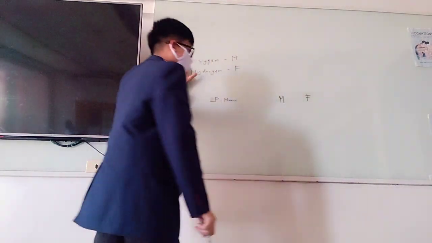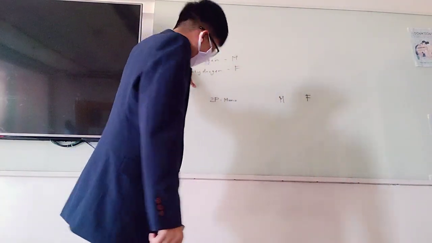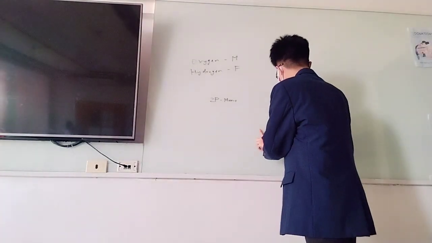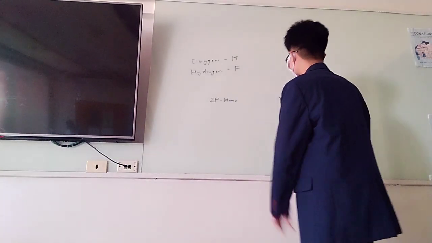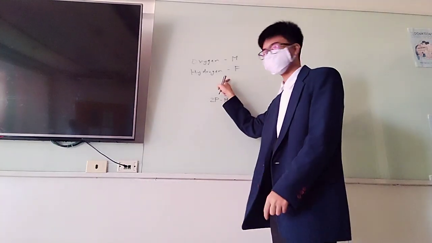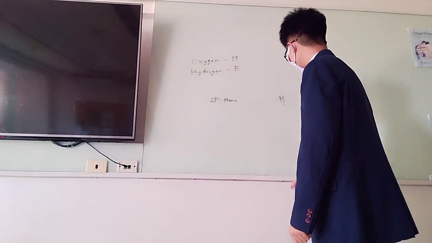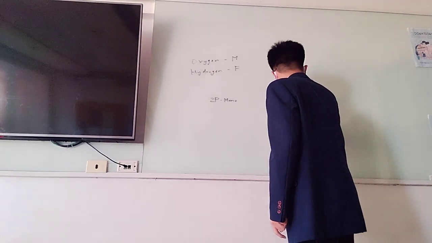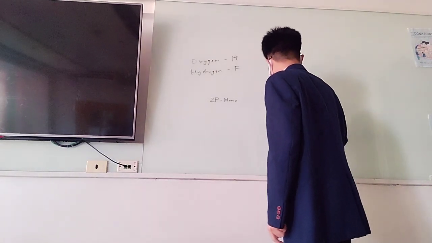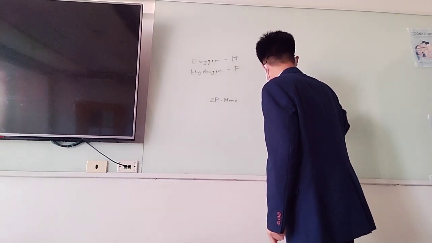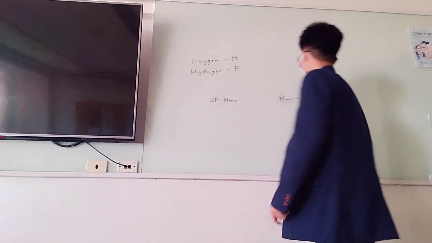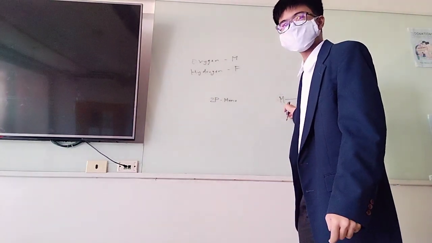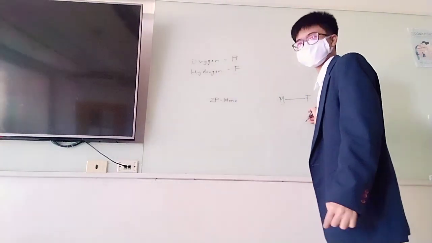Since oxygen has 6 valence electrons, 6 dots around here: 1, 2, 3, 4, 5, 6. And then F has 1 valence electron, 1 here. It's kind of weird, so balance it out. Draw a line. So this is the Kirov structure of a monogamous relationship between a guy and a girl.